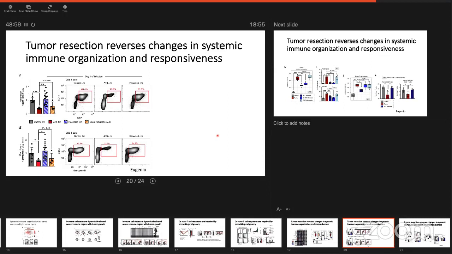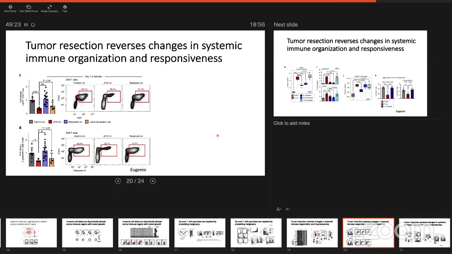Yeah. What is important is that when you don't have the tumor, you somehow reach the same frequency of proliferating cells. We can see clearly 61.3% in the animal that now does not have the tumor. And that was in F.